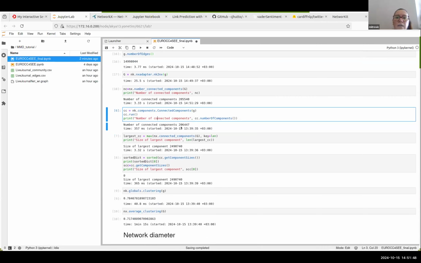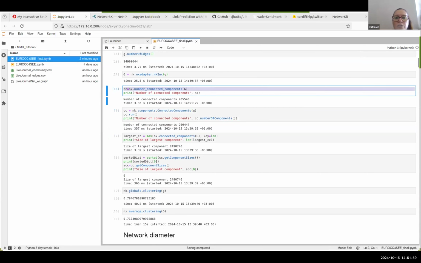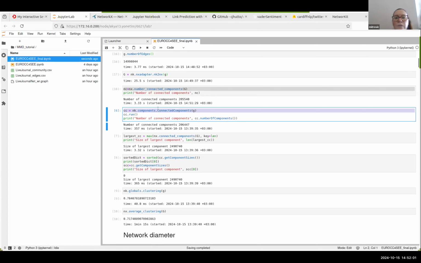There is a slight difference with NetworkKit. Unlike NetworkX, where you only have one line of a function, here you will need to first assign a class for what you want to do and actually run this. You can also do this in one line by just typing run here, but I wanted it to be more precise.